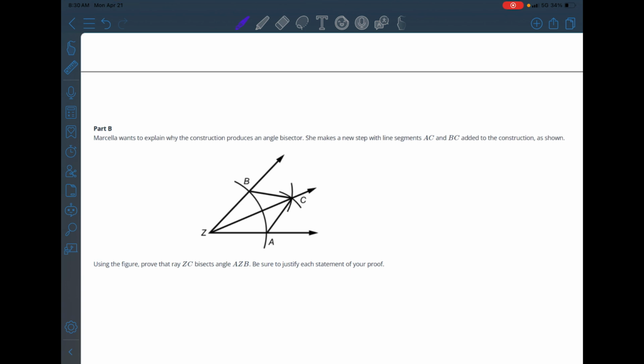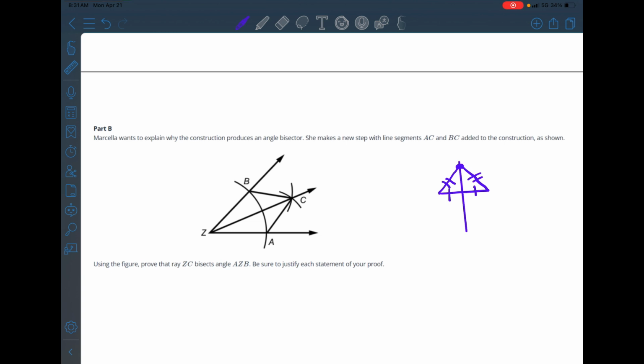So we know that if we had a segment and we have a bisector here, any point on this bisector is the same distance from the endpoints of that segment.